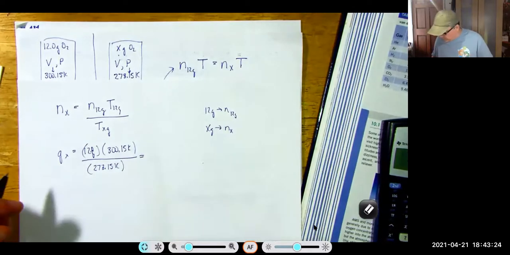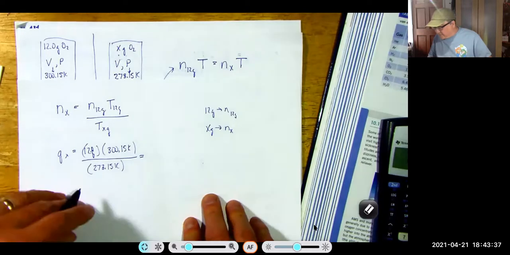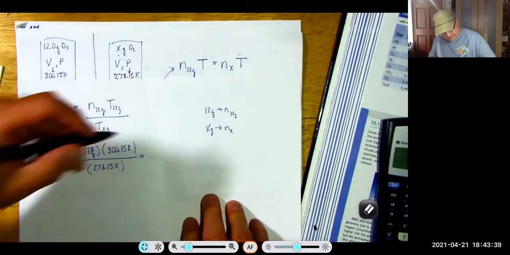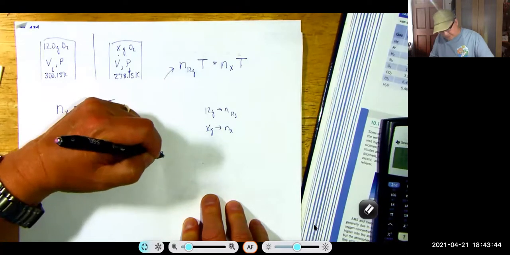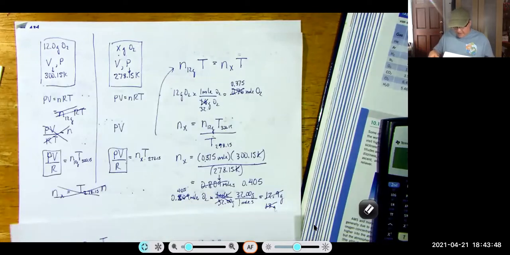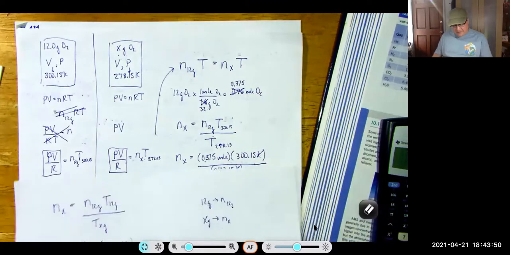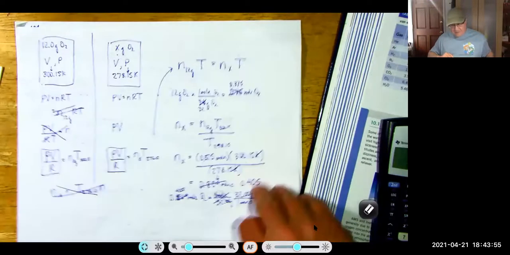So 12.0 times 300.15 divided by 273.15, and we get pretty much the same answer, a little bit different. It's 13.2 grams. So probably some rounding error that I did down here made the difference. All right, so that's that problem.